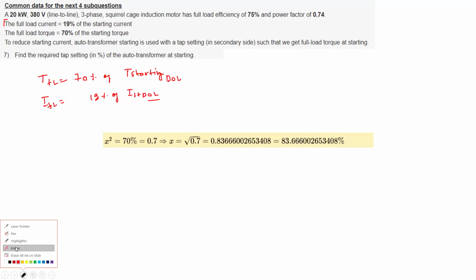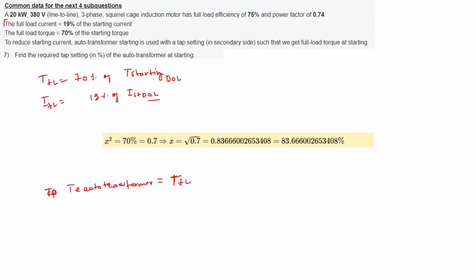Now they're saying that if this auto transformer method is used, then what you want is T auto transformer such that it is T full load. So they're saying that the auto transformer starting is used such that we get full load torque at starting.